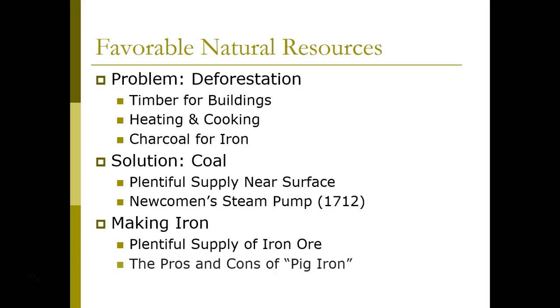Well, the way they got it out used to be using charcoal, and it would create something called pig iron. Pig iron is like raw iron, if you want to think of it that way. It's very, very brittle. You need to work it a great deal to get anything useful out of it. It's so brittle that it would just break if you tried to just use pig iron to make a tool, for example.